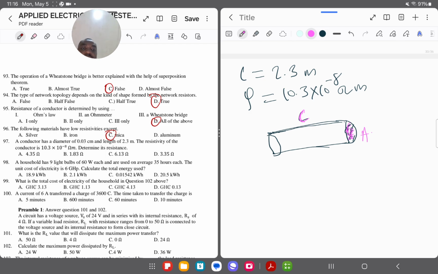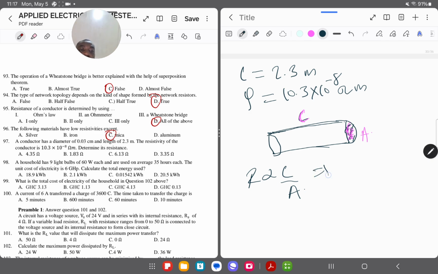The resistance is directly proportional to the length of the conductor. If the wire is very long, we expect a very high resistance. The resistance is also inversely proportional to the cross-sectional area. If the cross-sectional area is large, the resistance will reduce.